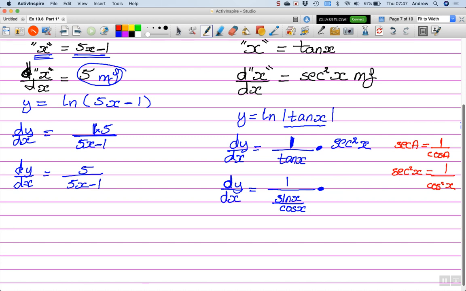So therefore here we're now going to have 1 over cos squared x, which I'm going to write as cos x on cos x. And what we have now is that we can cancel that cos x with this cos x.